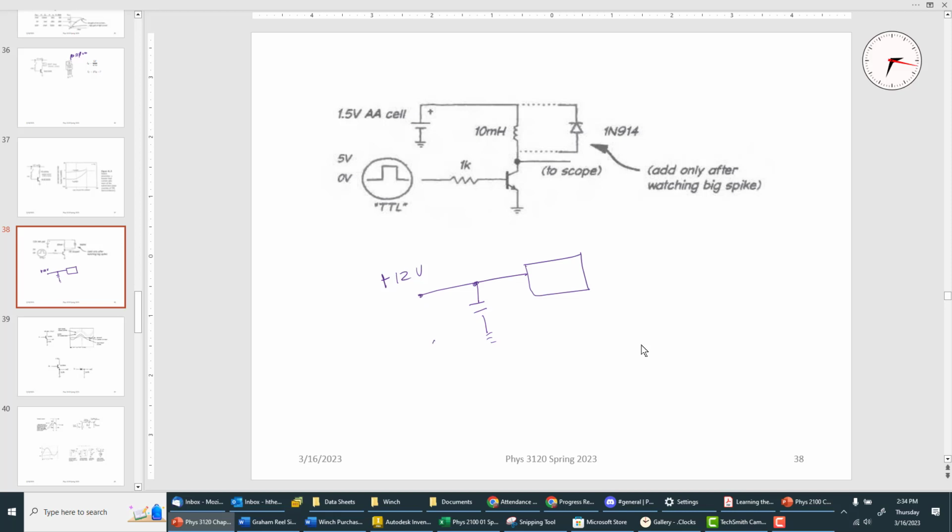Typically it's 0.1 to 1 microfarad. So that's what he's asking you to add, that's called a bypass capacitor. It knocks out high frequency elements, and you want the DC to pass.